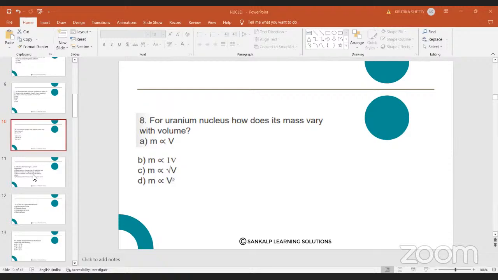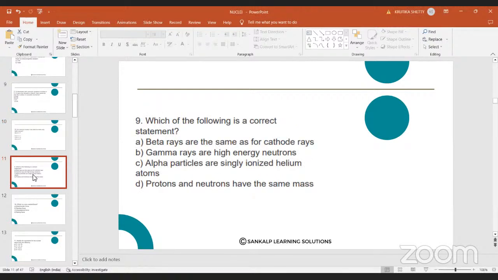Here some statements they have given. Which is a correct statement? Beta rays are the same as the cathode rays. Gamma rays are high energy neutrons. Alpha particles are singly ionized helium atoms. Protons and neutrons have the same mass.